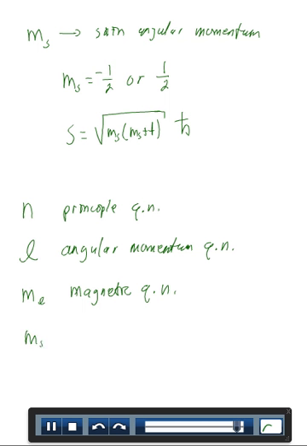And m sub s is called the spin quantum number. So in order to describe the hydrogen atom fully, we need all four quantum numbers.